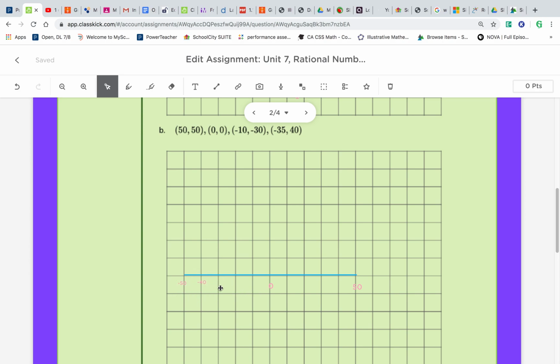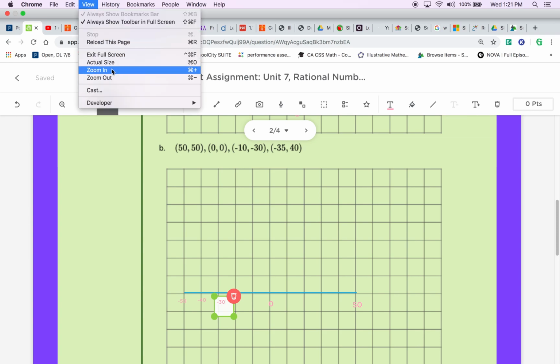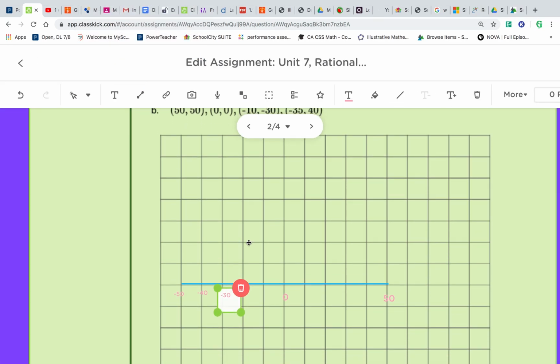All right, and so this is going to be -30. I'll zoom in one level here. Okay, so -30 is here. That means this next one is going to be -20. And then we have -10.